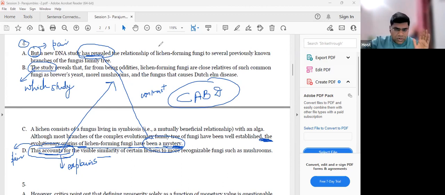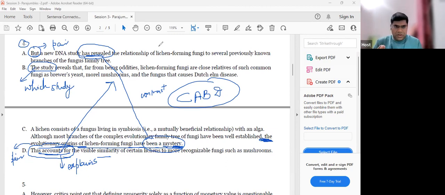Easy question. This is the kind of question that I call a doable question. I don't need to be a biologist or a biozoologist or something to get this question correct. I just need to have a simple understanding of language and how it functions.